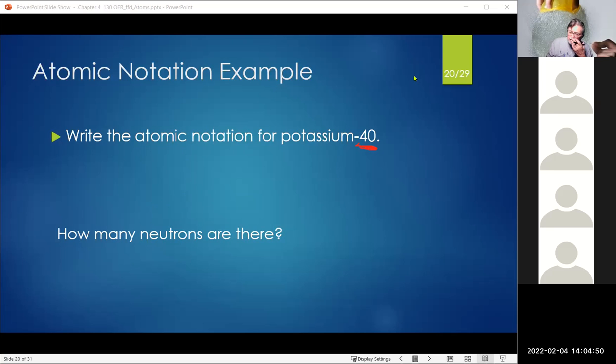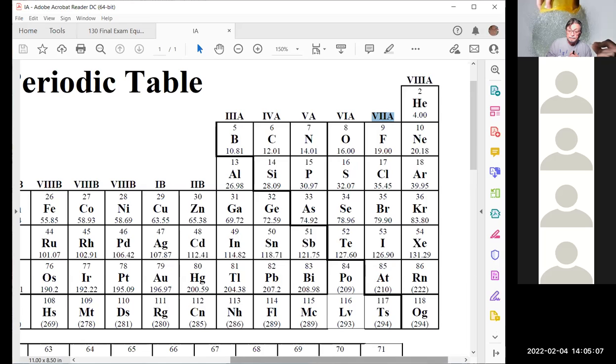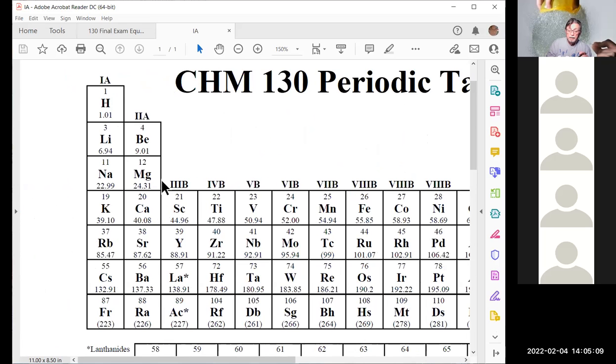Now you might ask yourself a question. Is potassium 40 the most common isotope in the periodic table? Well, to answer that, you go to the periodic table and you search for potassium. Okay, potassium is right here, number 19.